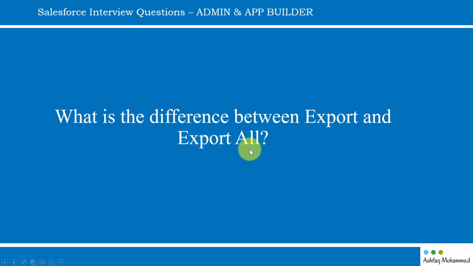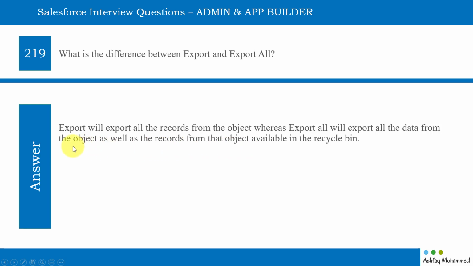The next question is, what is the difference between export and export all? I have already explained this, but just go ahead and see. So export will export all the records from the object, whereas export all will export all the data from the object as well as the records from the object available in the recycle bin, okay? For example, I'm extracting lead, extract all for the lead object.